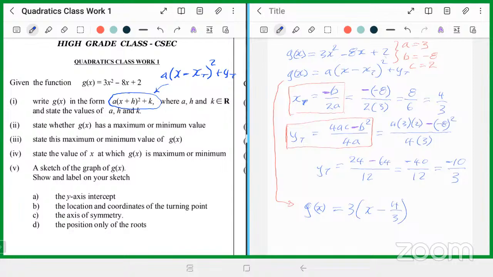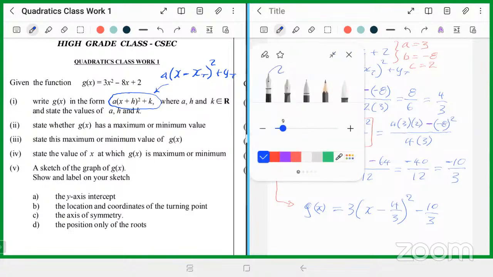Don't forget to put on the square right here. Don't forget the square. And this plus yt is negative 10 over 3. But this yt is the same as the plus yt we have here. So we can replace it with this negative 10 over 3. And that is the answer for the first part.